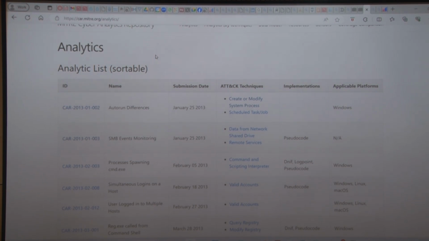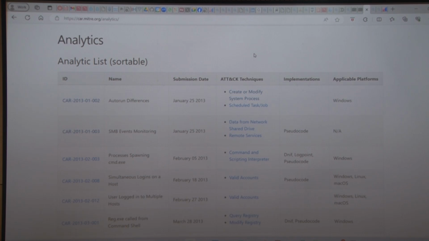Now what are analytics? These analytics are basically for detection. So you actually want to detect certain things. And they named these analytics methods, and this is a living document, which means that you can add more analytics here in the future. So here, for example, I'll show you one of them.